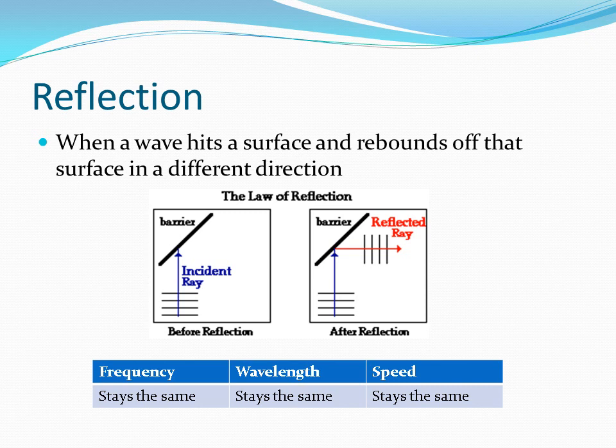The law of reflection states the angle at which the wave hits the barrier must also be the angle that the ray or wave reflects off that boundary. The other thing about reflection is that besides the direction, nothing else about the wave changes. Frequency, wavelength, and speed must all stay the same.